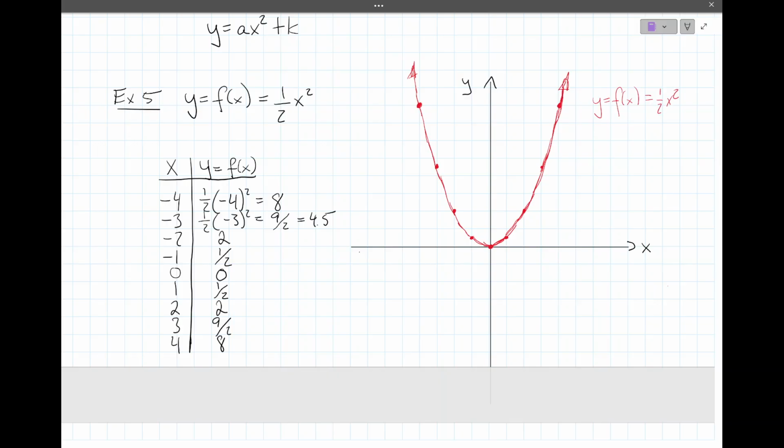If we were to do the original parabola, y equals x squared, so I'm just going to use my squares. It'd be there, there, there, 2 and 4, negative 2, positive 4, and 3 and 9 would show up here. So my original parabola would look like this. And so what's happened is that I'm pulling the parabola arms down with that fraction.